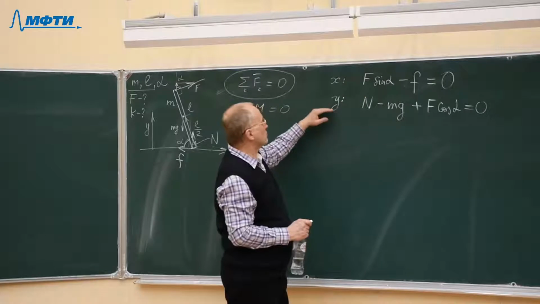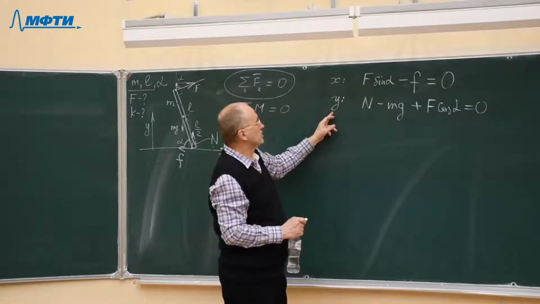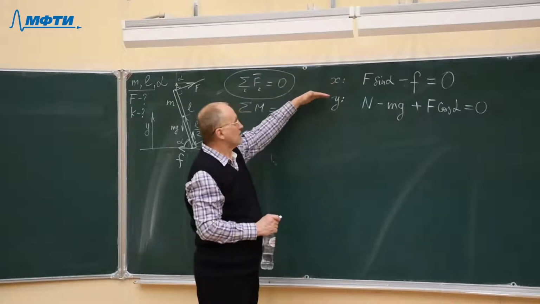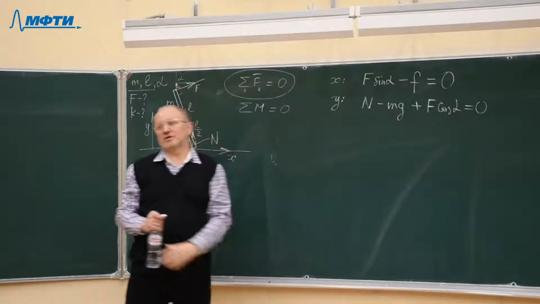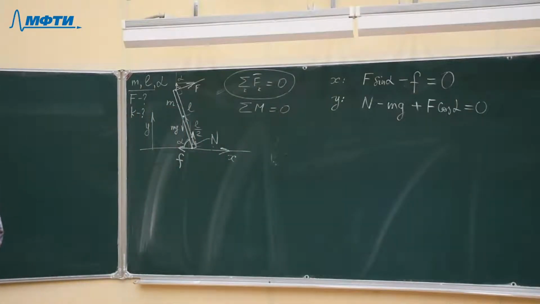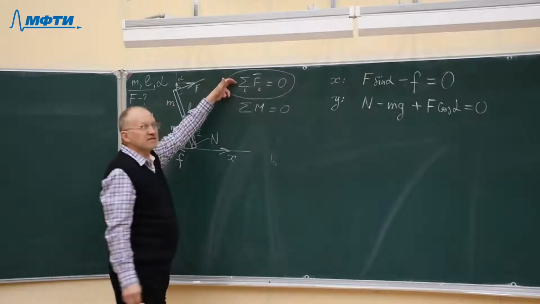And another equation shows that the sum of all vertical components is 0. Horizontal components are directed along the x-axis, and vertical components are directed along the y-axis. So we have taken into account the first condition of static equilibrium.